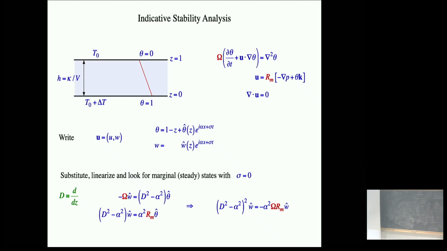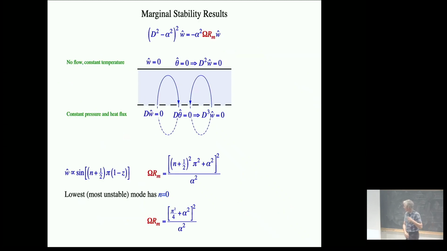Convection: there's a linear temperature slash composition profile in the basic state, which we perturb sinusoidally and look for growth rate sigma. You substitute, you linearize, you worry about boundary conditions. Just like Lord Rayleigh, when he first did Rayleigh-Bénard convection, used the simplest possible boundary conditions that gave him an analytic answer.